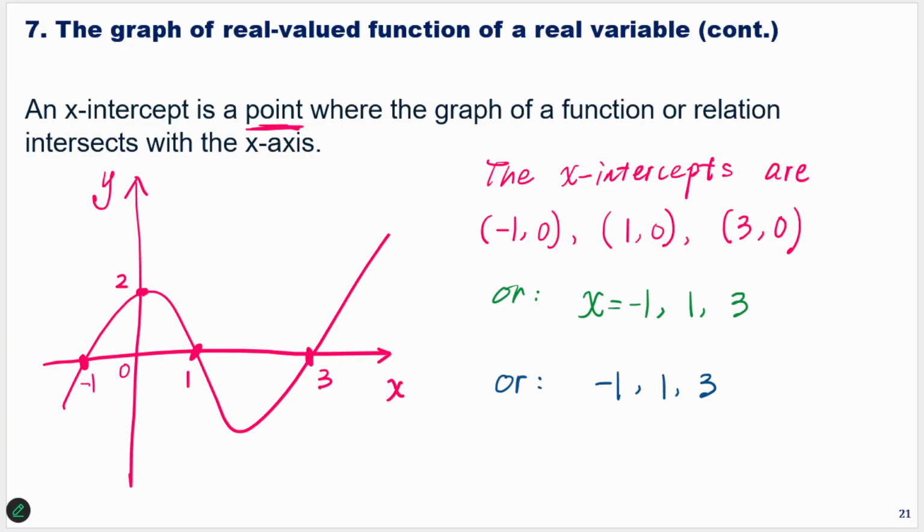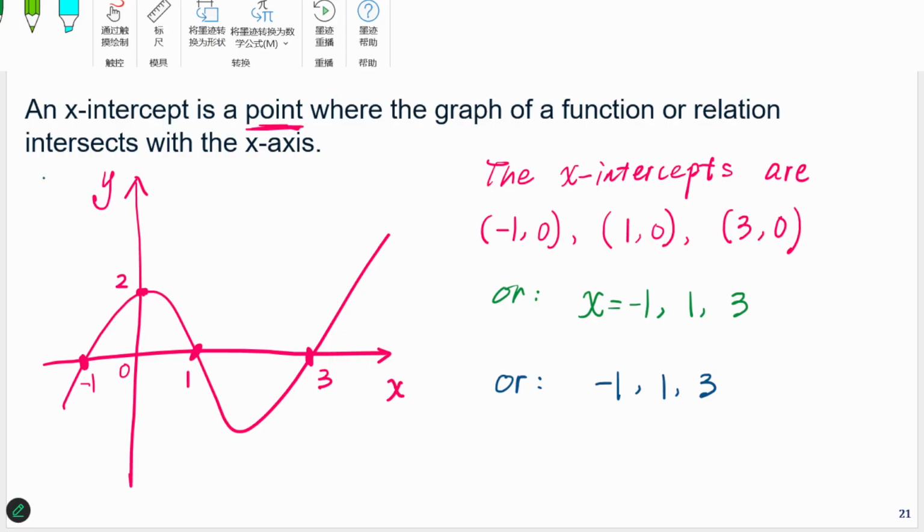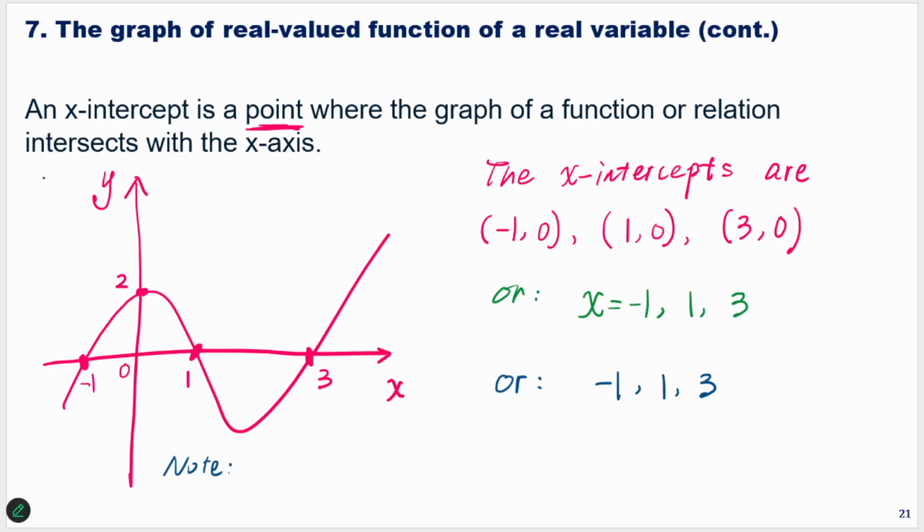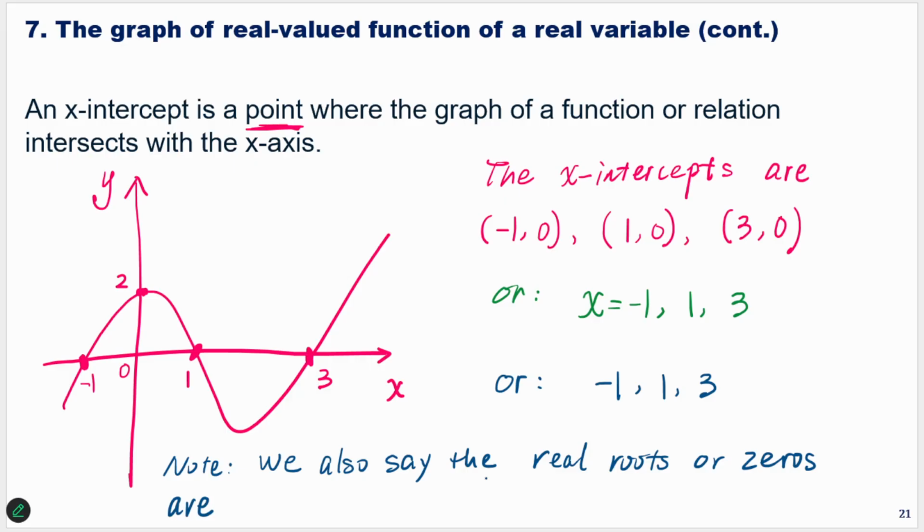We also say the real roots or zeros are x equals -1, 1, 3, or sometimes simply -1, 1, and 3.